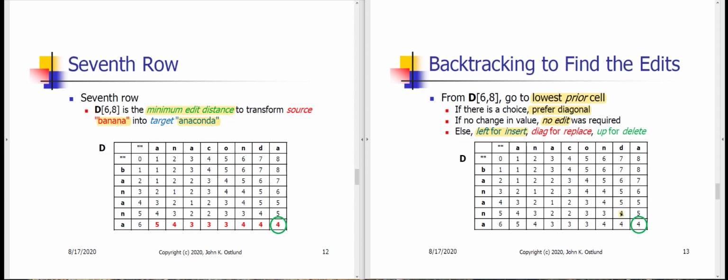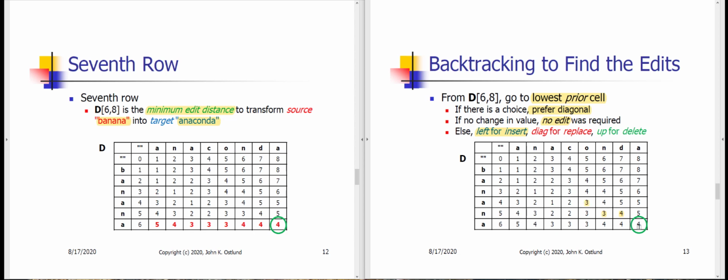From there, we have 3 is the lowest of the 3 choices, so we're going to end up doing an insert operation. From there, we have a choice. We can go to one of these 2 3s, but we're going to prefer to go to the diagonal. All right, and that makes sense because these 2 ends are the same, so that must not involve doing an editing operation.